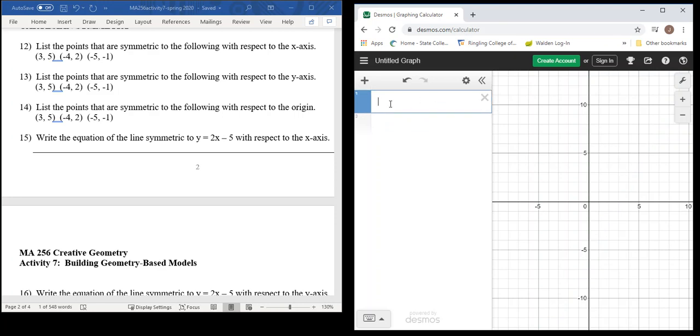So I'm going to try that again. y equal to 2x minus 5. And let's try to copy that again and paste that in here. All right. Well, I got two exact same lines. I'm going to change the sign of the y value over here. Make that a negative.